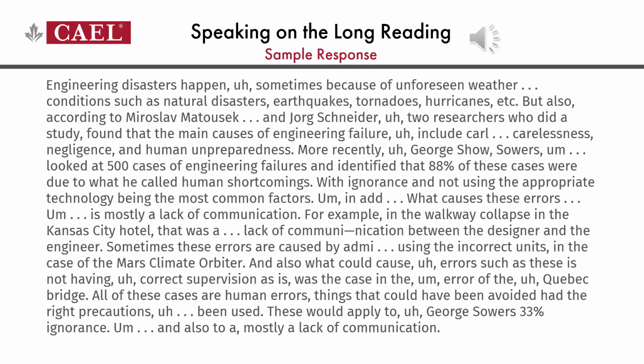And also what could cause errors such as these is not having correct supervision, as it was the case in the error of the Quebec Bridge. All of these cases are human errors, things that could have been avoided had the right precautions been used. These would apply to George Sowers' 33% ignorance.